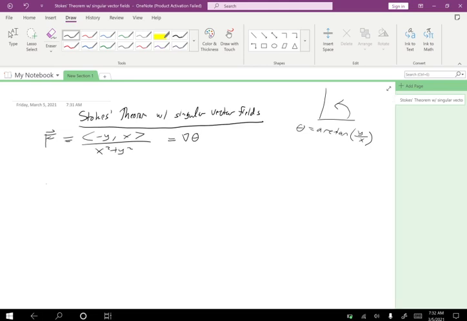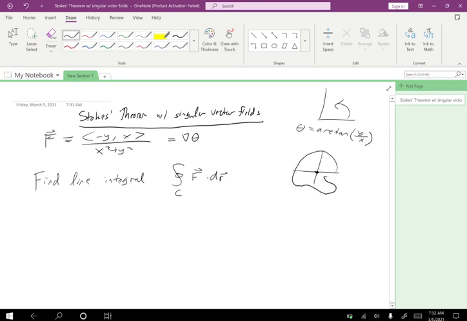So the idea is you can find the line integral where C now is any loop which contains 0.